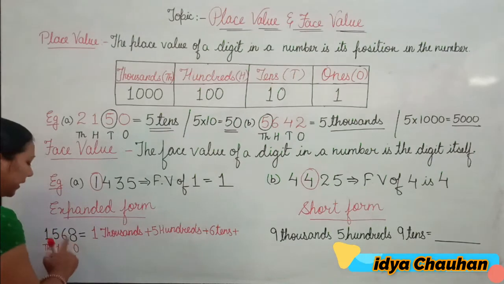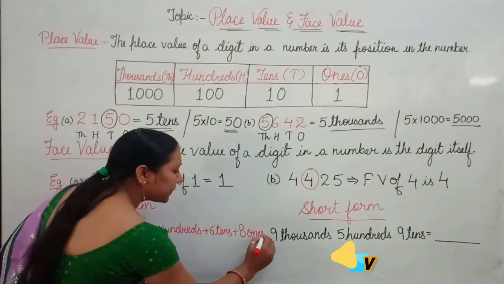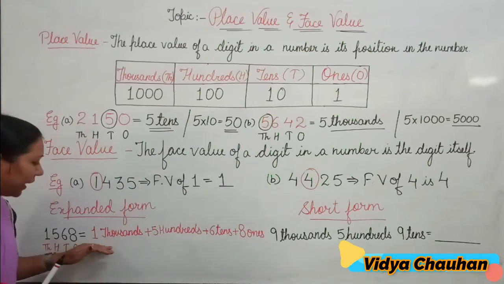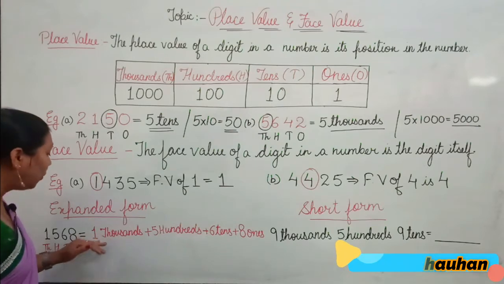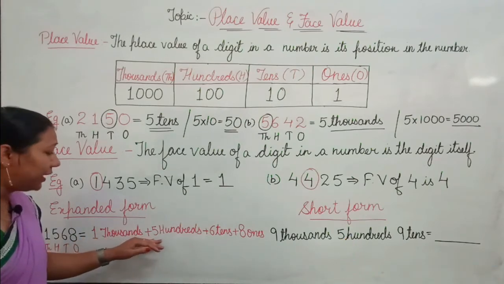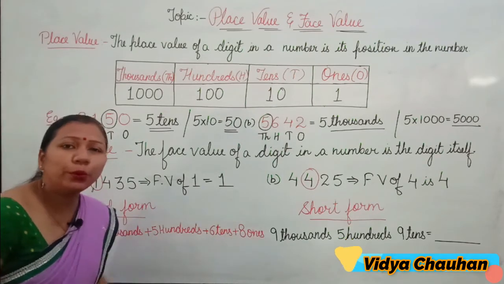And the last, 8 is at ones place, so 8 ones. So this is how you can write the number 1568 in its expanded form: 1 thousand, 5 hundreds, 6 tens and 8 ones.